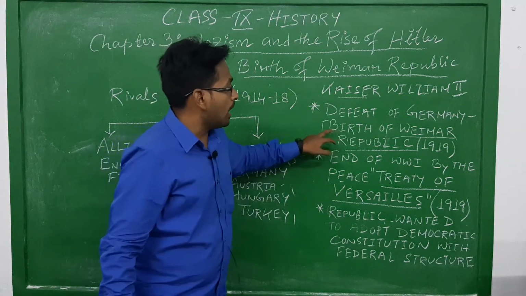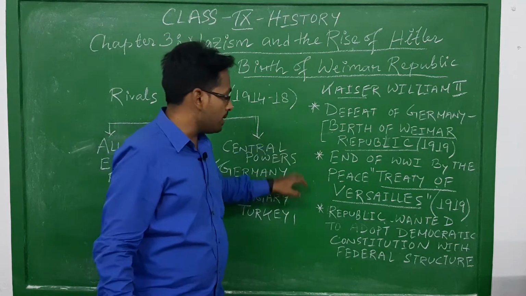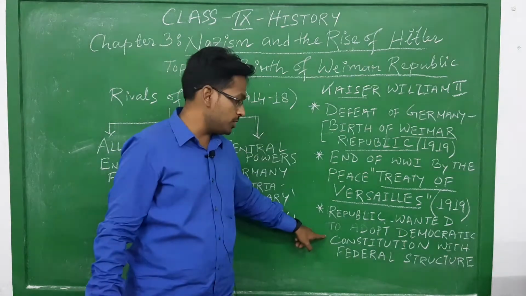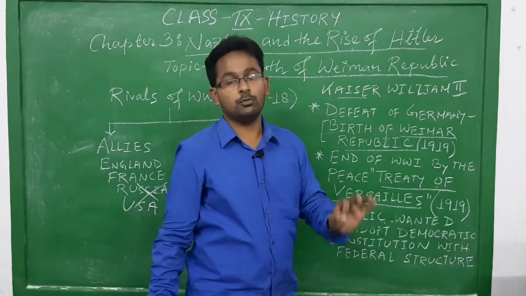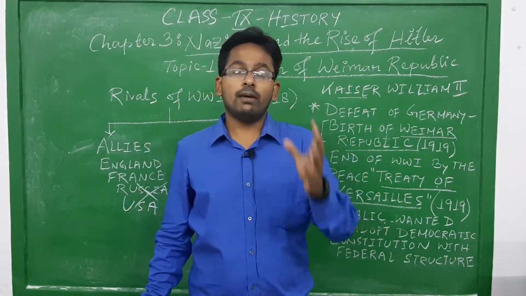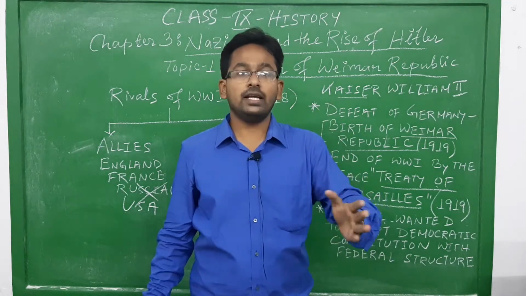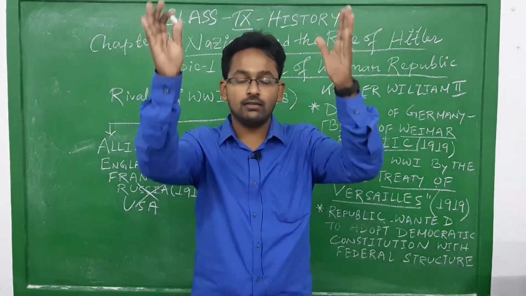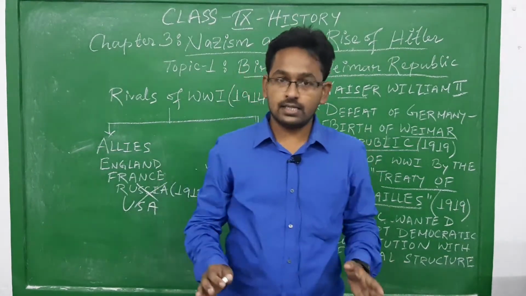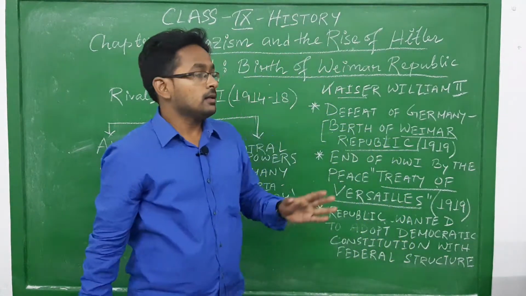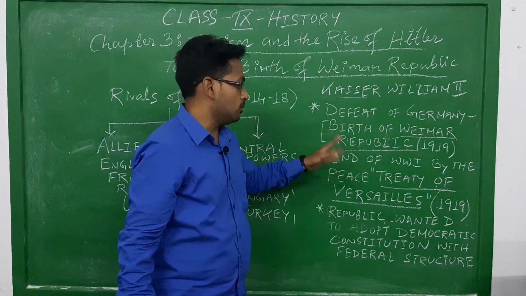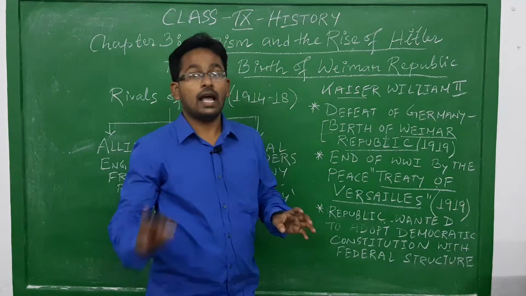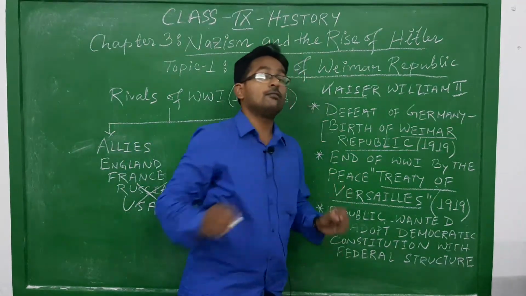So after World War I, the Weimar Republic wanted to adopt a democratic constitution with a federal structure, which means Germany was moving towards democracy. After World War I, the Weimar Republic signed the Treaty of Versailles, and this peace treaty was signed in France.